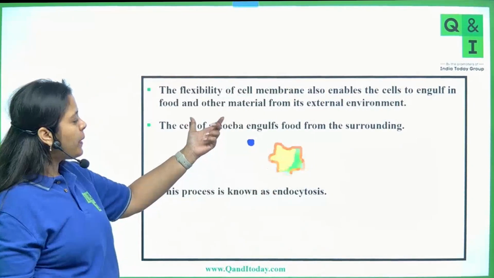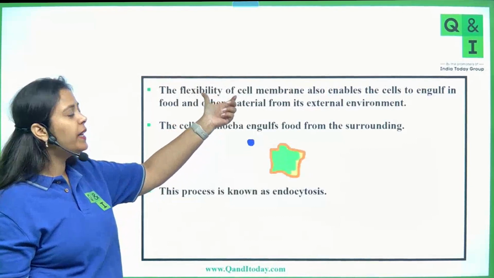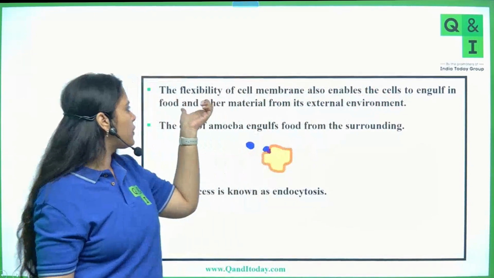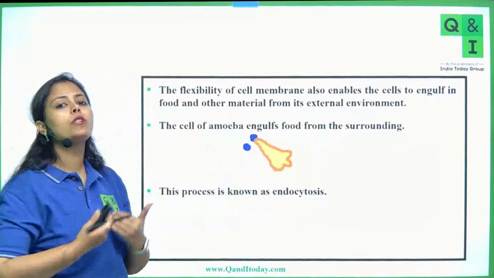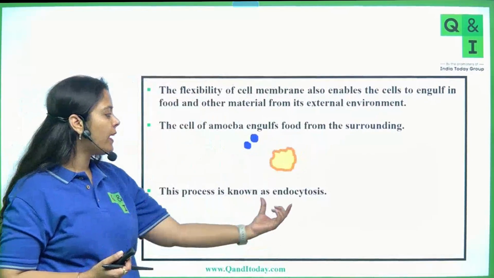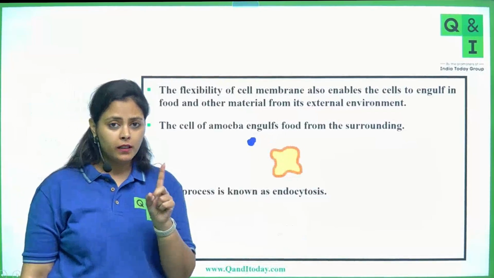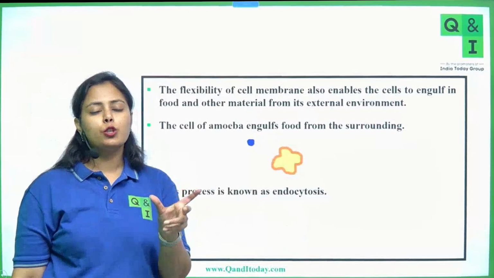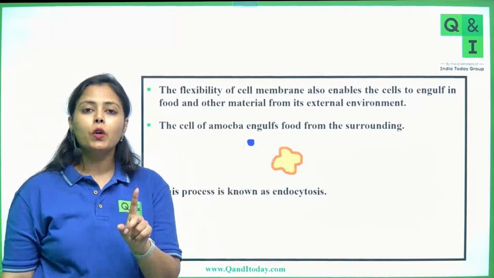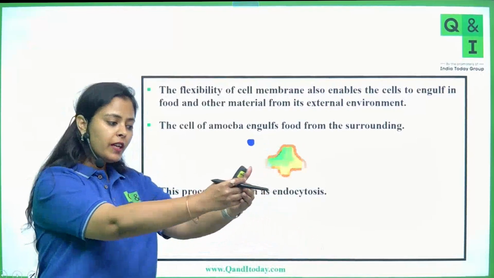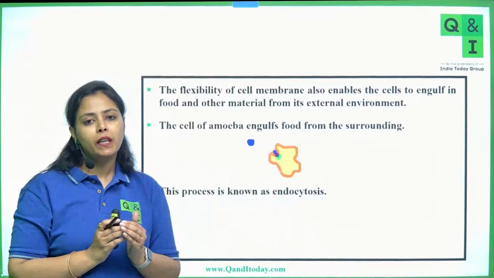Endocytosis, for example, because of the flexibility of the plasma membrane, the cell engulfs the food from the outer environment. So now endocytosis is not occurring because of any concentration difference. No, endocytosis is simply occurring because the plasma membrane is extending itself and it is simply taking in the food material.